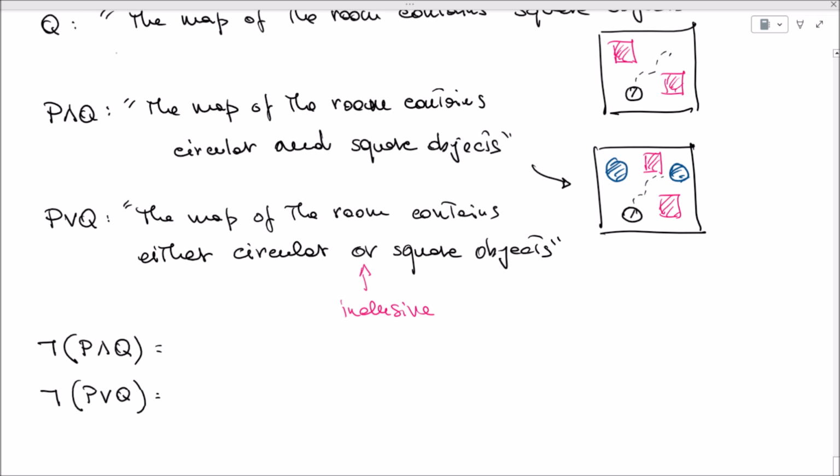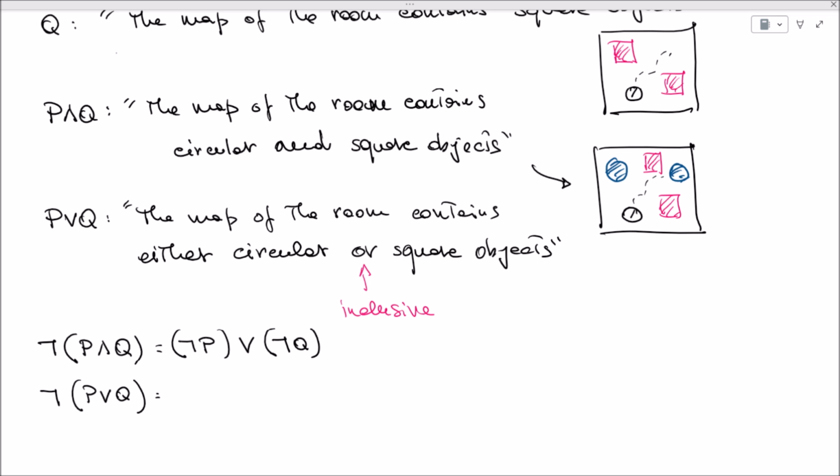We said that P and Q is true if and only if both P and Q are true. So that means that P and Q is false whenever at least one of the two propositions is false. So in that case, we can say that the negation of P and Q is true when not P and not Q, at least one of these two needs to be verified. But of course, this is just like saying not P or not Q.